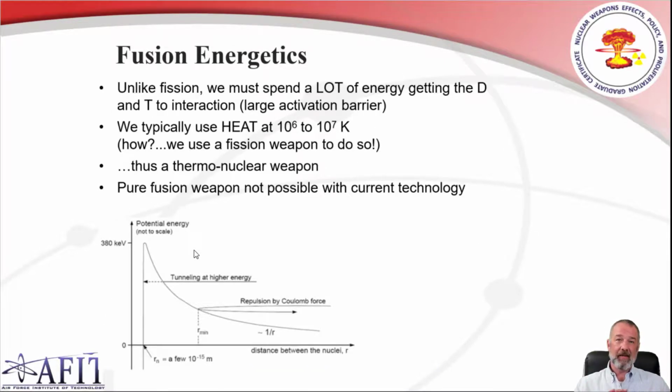Now, unlike fission, the big thing about getting two light nuclei to fuse is overcoming that positive repulsion, the Coulomb force between the two nuclei. You can do the calculations using the Coulombic force equation that you saw very early on in the charged particle lesson.